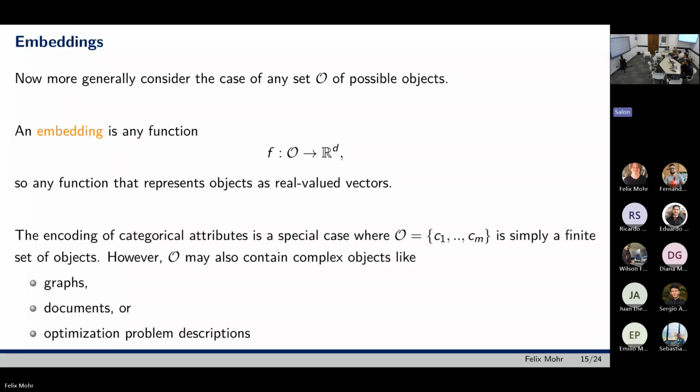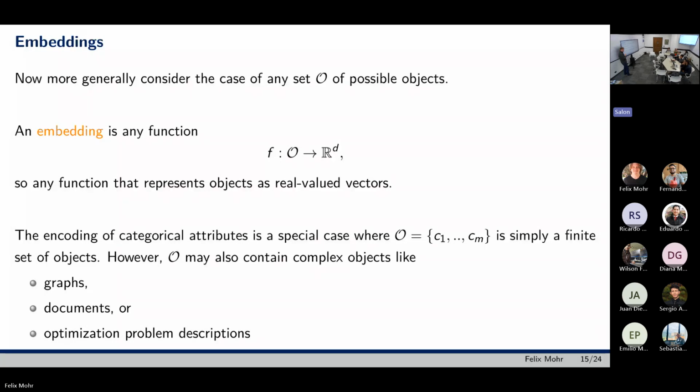Anything. Up to now, we just had a situation where these C1 to Cm are atomic objects without specific order relation or structural relationship, like categories. But O can also contain graphs. For example, O can contain a social network, or connections between stakeholders. O could contain an optimization problem.